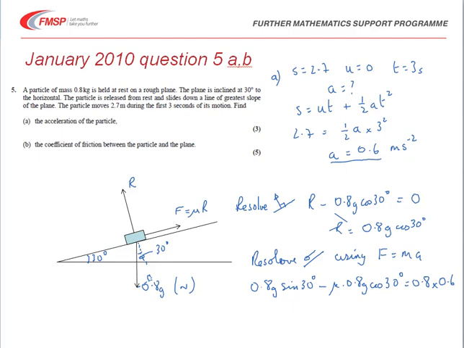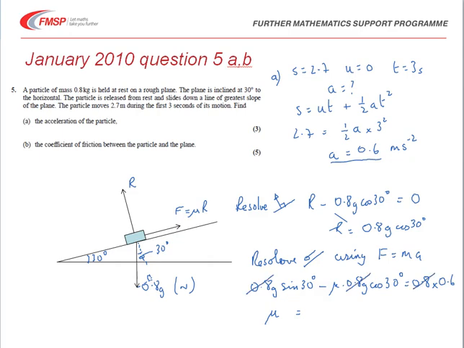Now we've got to find mu from that, so rearranging the equation, mu will be equal to the 0.8 g sine 30 minus the 0.8 times 0.6. Now notice 0.8 cancels out, so to make life simpler for ourselves, let's do that.